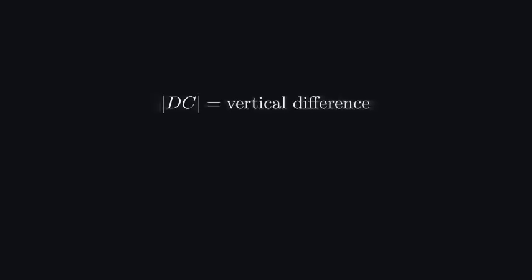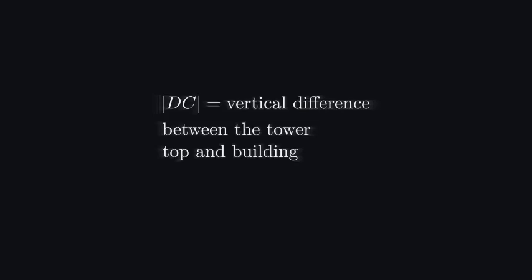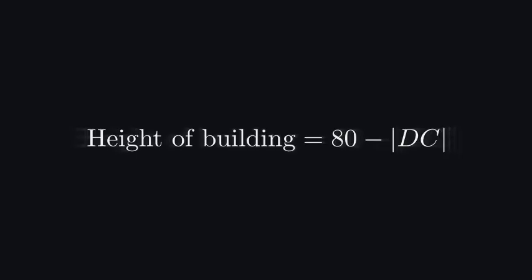Length of DC equals vertical difference between the tower top and building top. Height of building equals 80 meters minus length of DC.